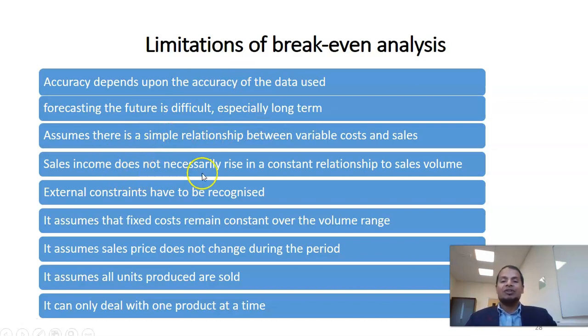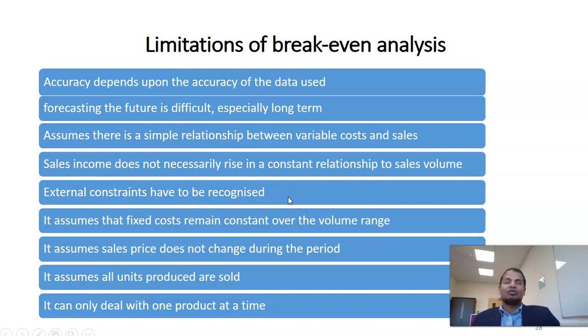Sales income doesn't necessarily rise in a constant relationship to sales volume. All right, so sales income may not rise only because of a constant relationship. Sales may be impacted by other things, but this is not what we consider in CVP analysis. External constraints have to be recognized.